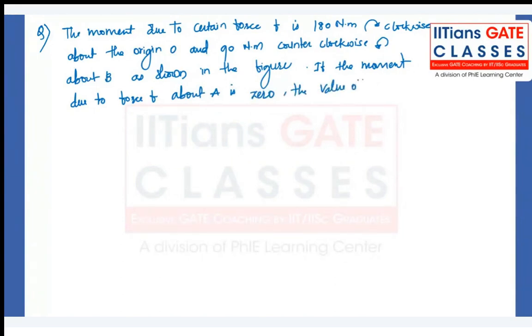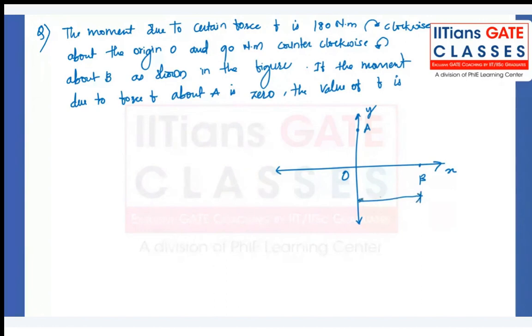Okay, this is the question, and the figure looks something like this. We have a point A here, we have an origin here, this is the x-axis, this is the y-axis. And B point is somewhere here. B is at a distance of 6 meter, and A is at a distance of around 3 meters. I hope with this information you will be able to solve it.